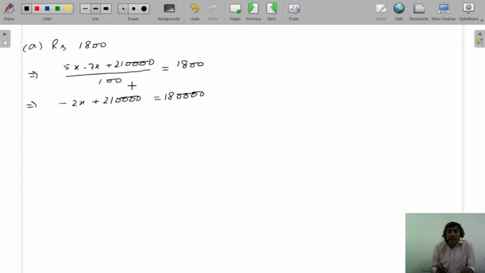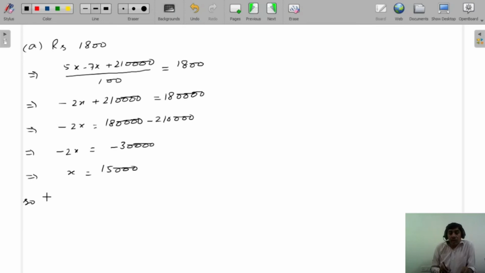We multiply 100 to the right hand side. This implies minus 2x is equal to 1,80,000 minus 2,10,000. This implies minus 2x is equal to minus 30,000. This implies x is equal to 15,000.